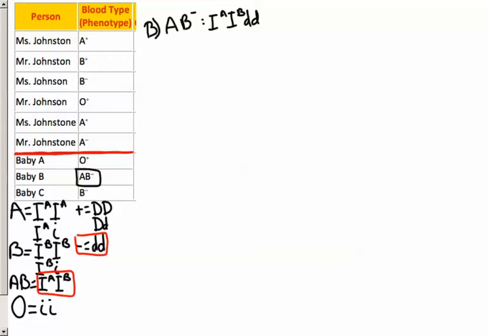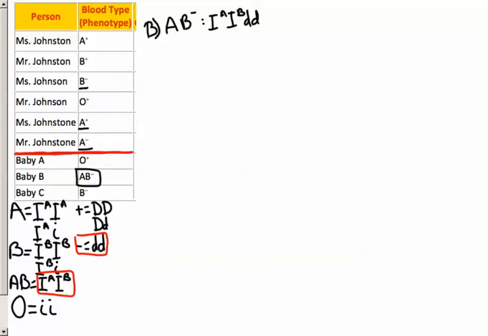So let's take a look at the Johnstones. The mom has blood type A positive, and the dad has blood type A negative. Can this baby get an I A allele from this couple? Yeah. Can this baby get an I B allele from this couple? No. So let's look at the Johnsons.